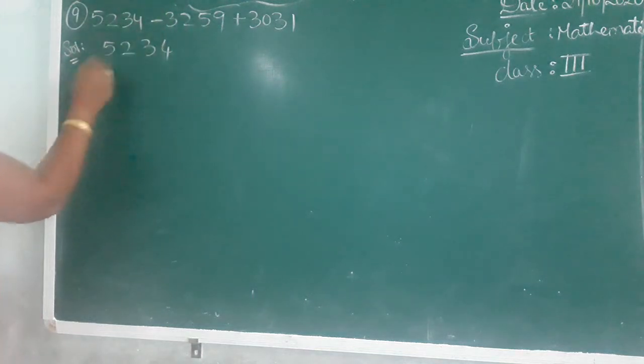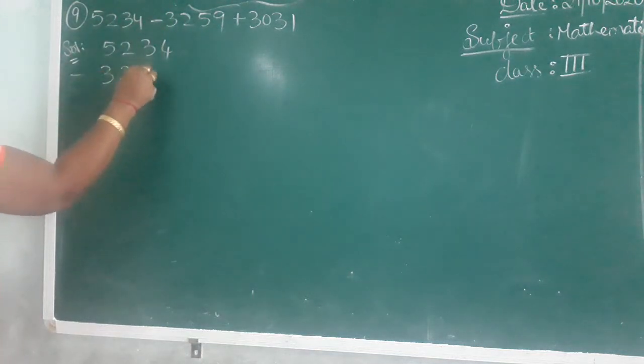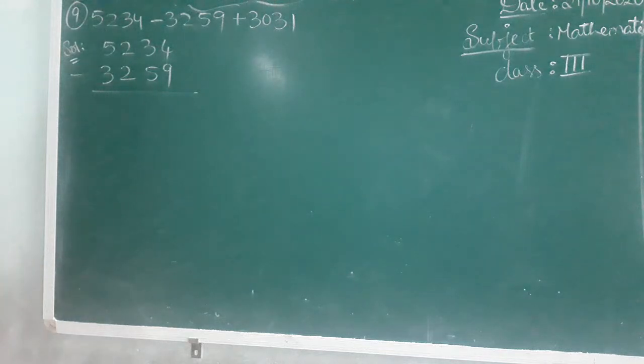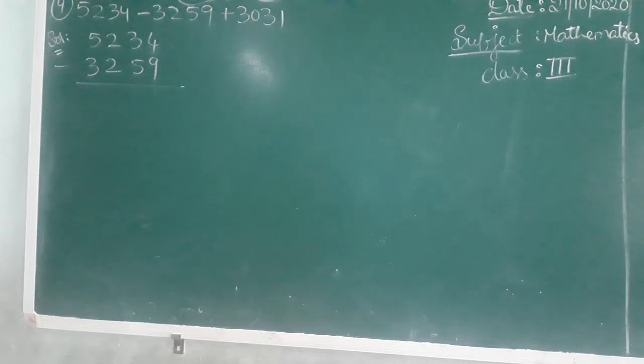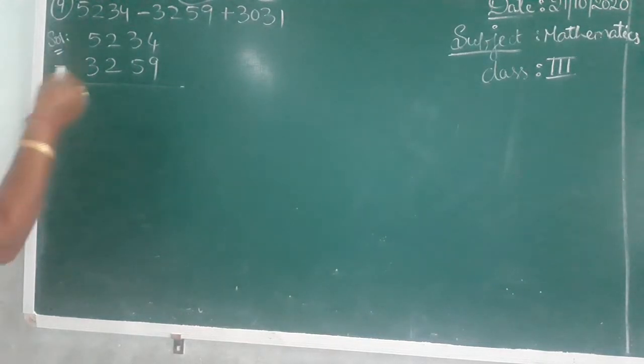Here 5,000 minus 3,000 are positive. 3,259. See here. 4 minus 9. Is it possible to subtract 4 minus 9? No. So borrow it from the before number.